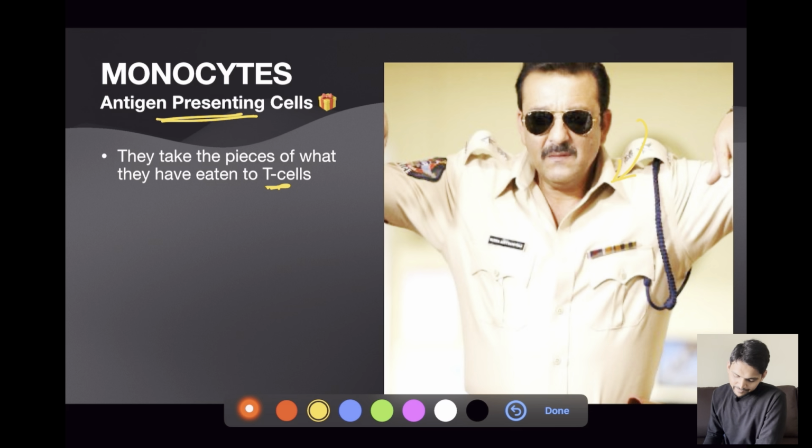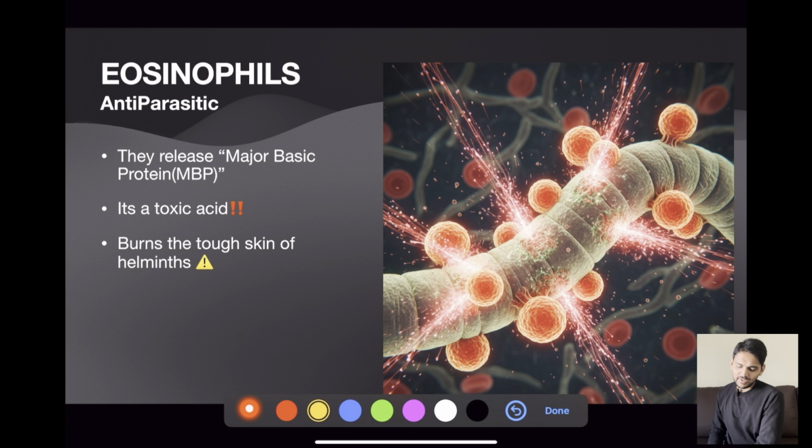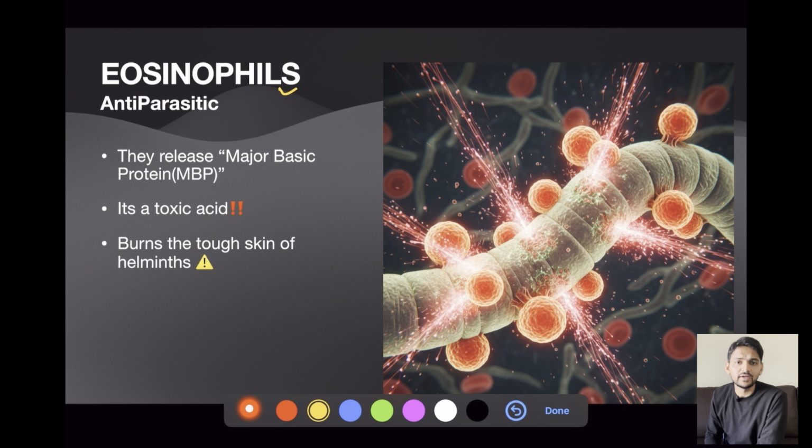This is the speciality. Another type of white blood cell is eosinophils. They are particularly trained to act against parasites. So they are mainly anti-parasitic. And they release a compound called major basic protein, MBP. Here the name has some mystery in it.